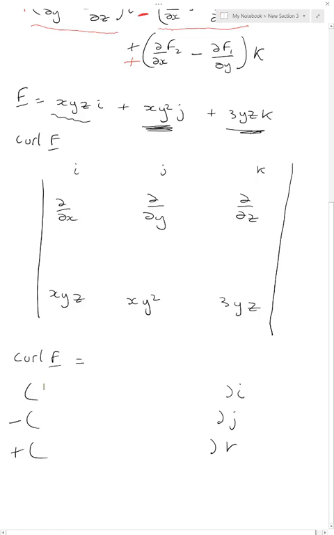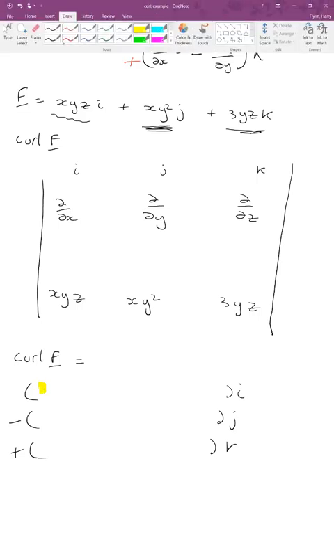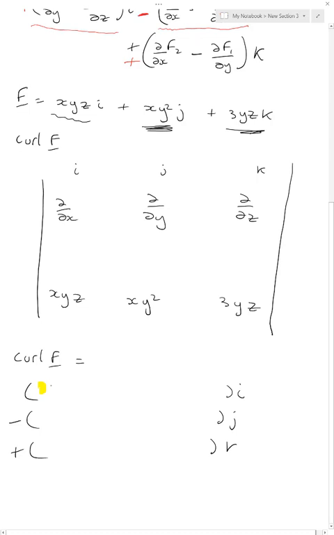So the first thing we're going to get is del/del y of 3yz minus del/del z of xy squared. We'll work that out in a minute, but we'll move on to the next one.